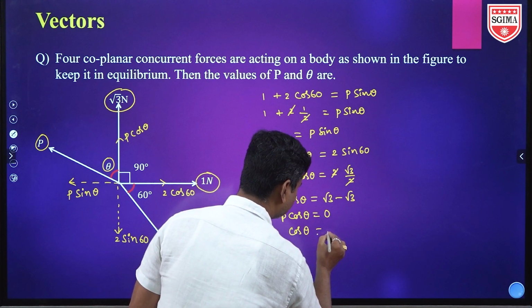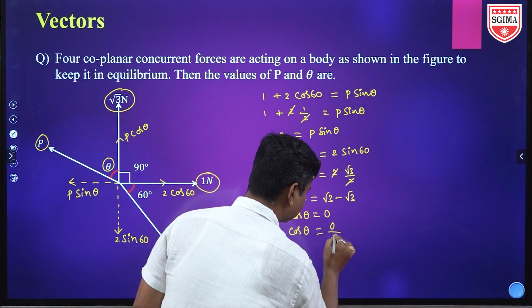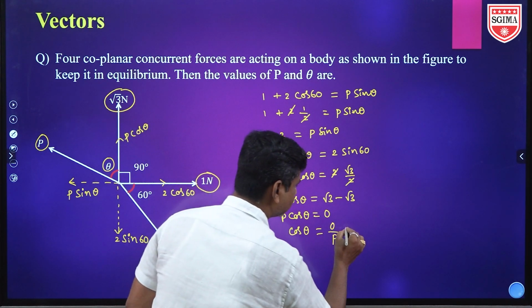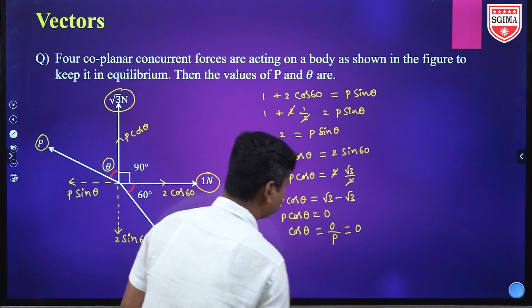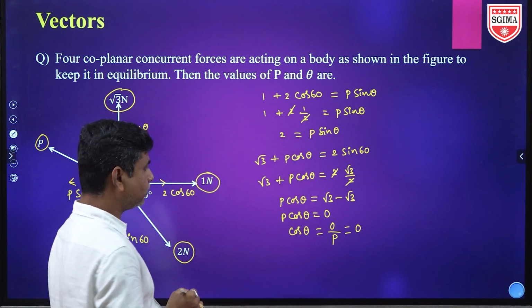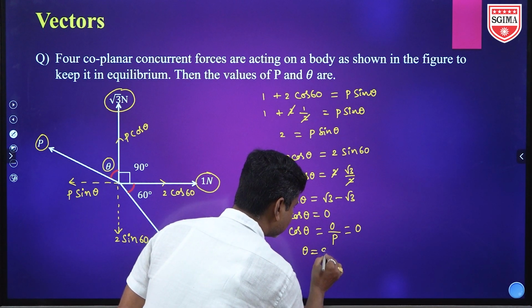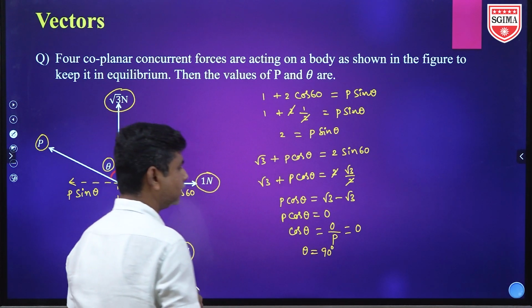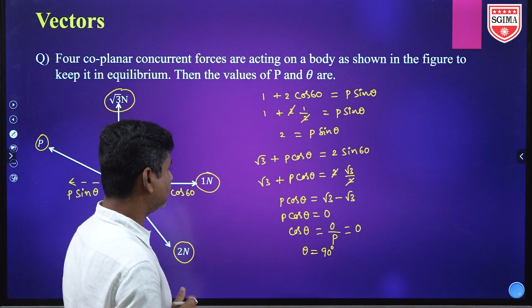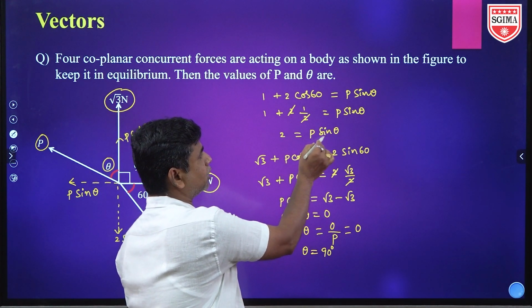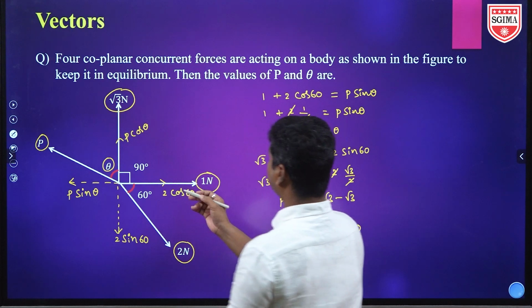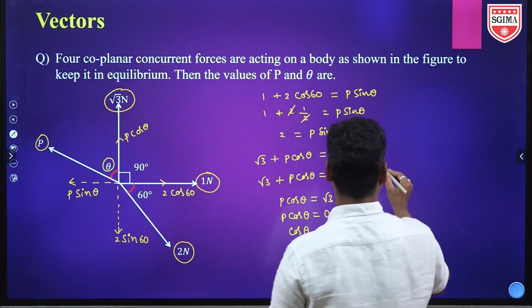Here cos theta equals 0 upon P, and 0 by anything equals 0. So cos theta value 0 means theta equals 90 degrees. Here the value of theta equals 90. When you know the value of theta, you can calculate P also. One question is complete: theta value found, now the P value.